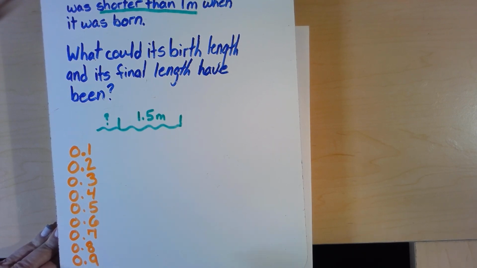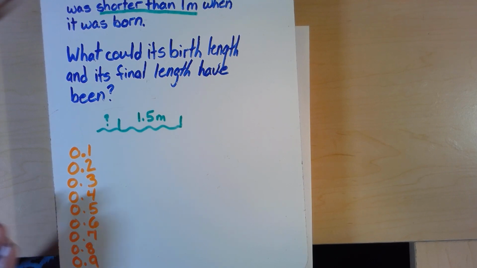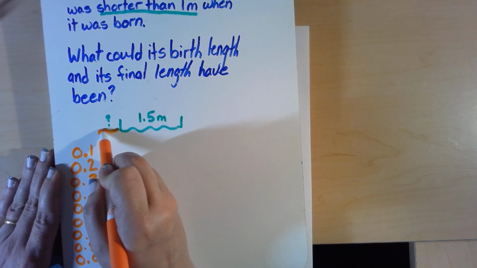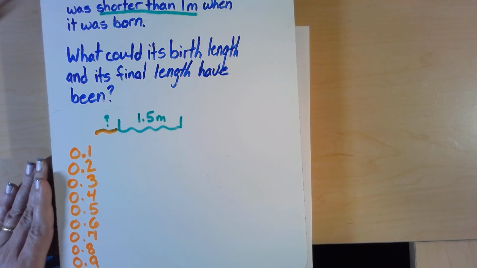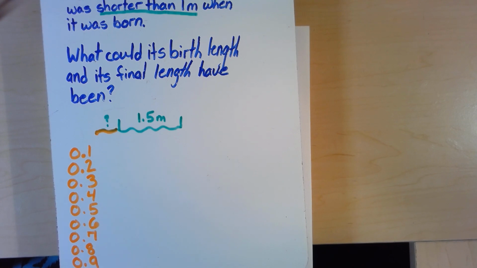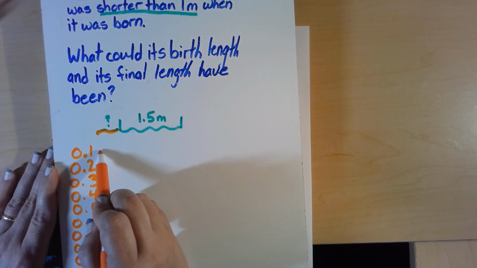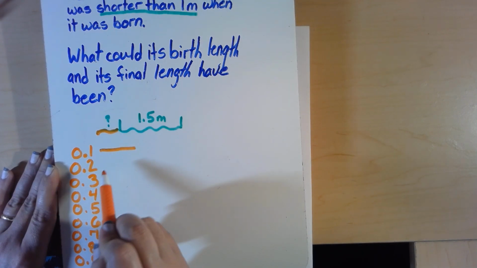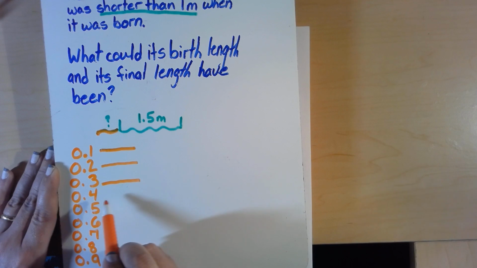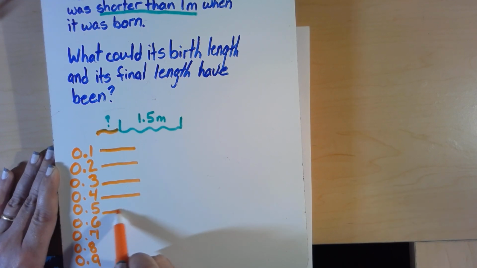After 0.9 becomes 1 meter. So these are the lengths that it could be born at. So if it was born at 1/10 of a meter, what was its final length? What do we have to do to all these numbers to find its final length?